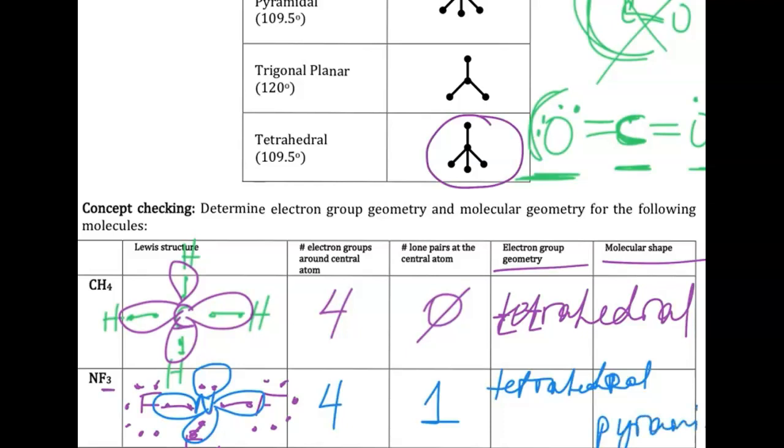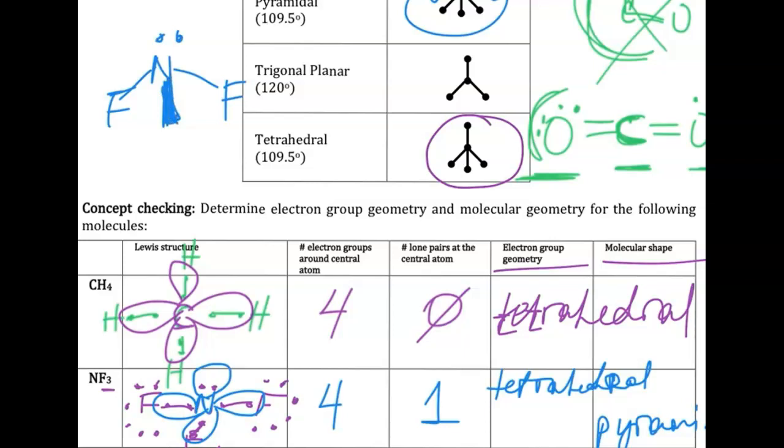And let me explain what that means. So this is my pyramidal shape. Think about this. This lone pair right here repels the rest of them. So this is my nitrogen. This lone pair is going to push my fluorines to the bottom, and this one is in the center. It's not really in the middle.